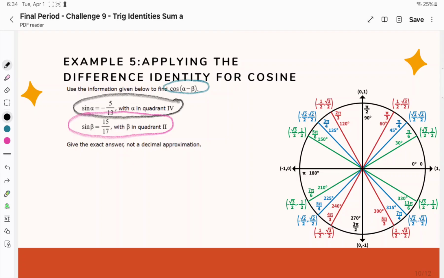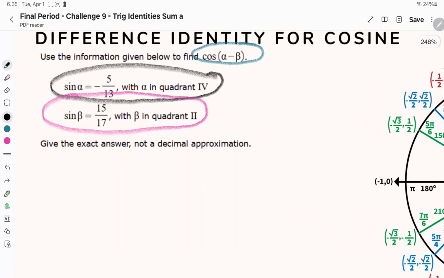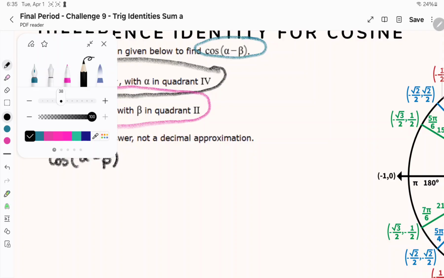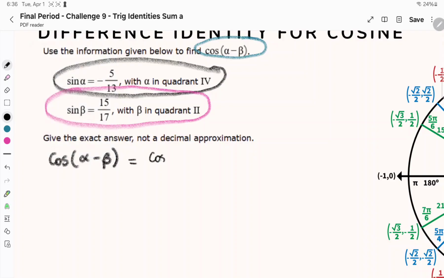Okay, so how are we going to do that? Well, if you remember the formula for the cosine of a difference, I'm going to write it over here. Cosine of alpha minus beta is cosine of alpha, cosine of beta, plus sine of alpha, sine of beta.